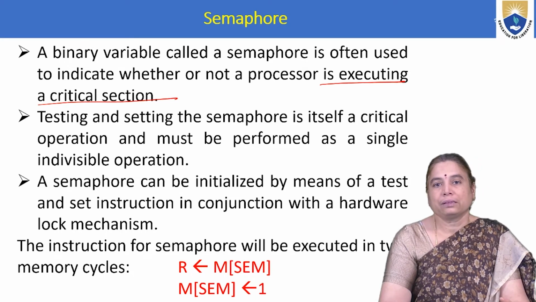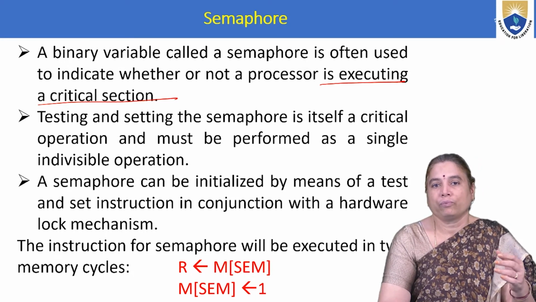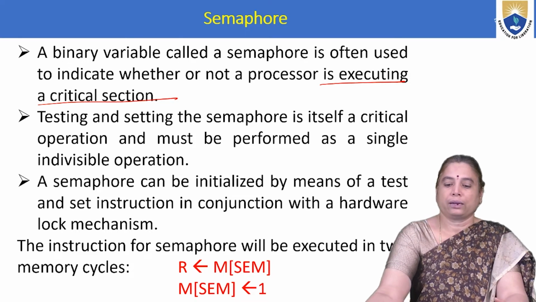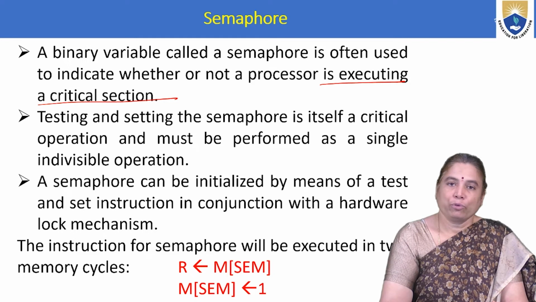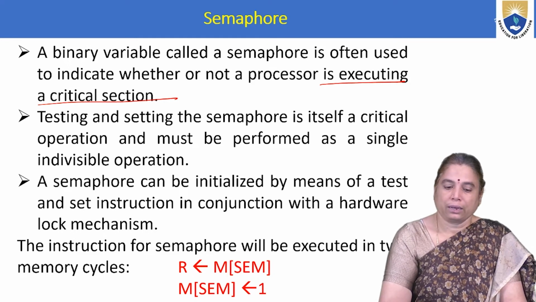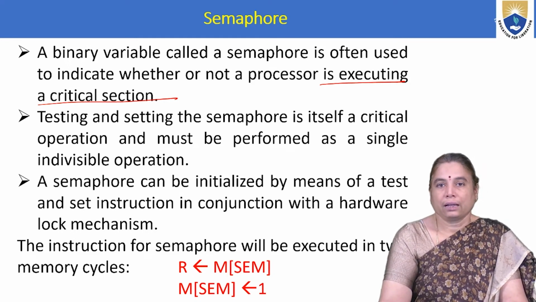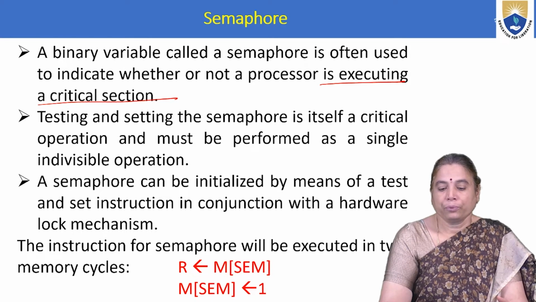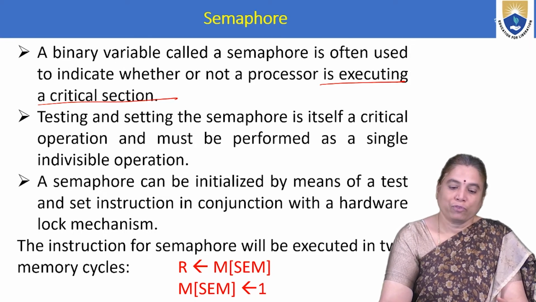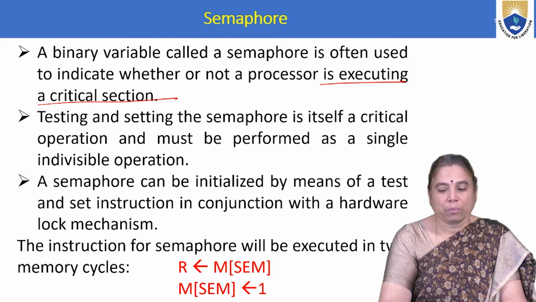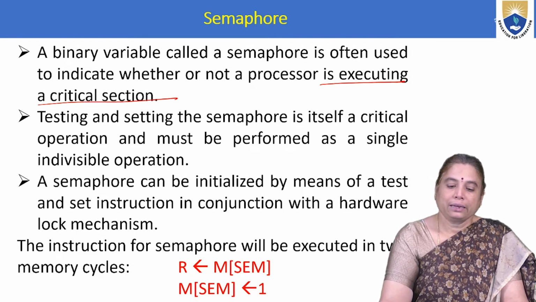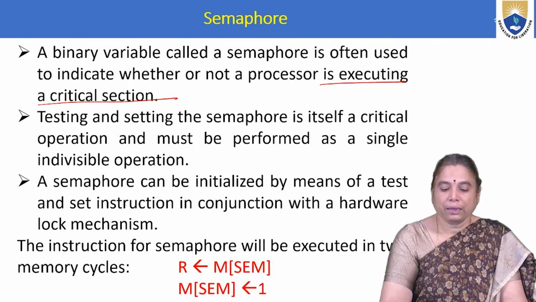So with this, the processor that wants to enter into the critical section can identify and be notified with the semaphore status. So how to implement this semaphore? With the help of testing and setting the semaphore itself in a critical operation, and it must be performed as a single indivisible operation.